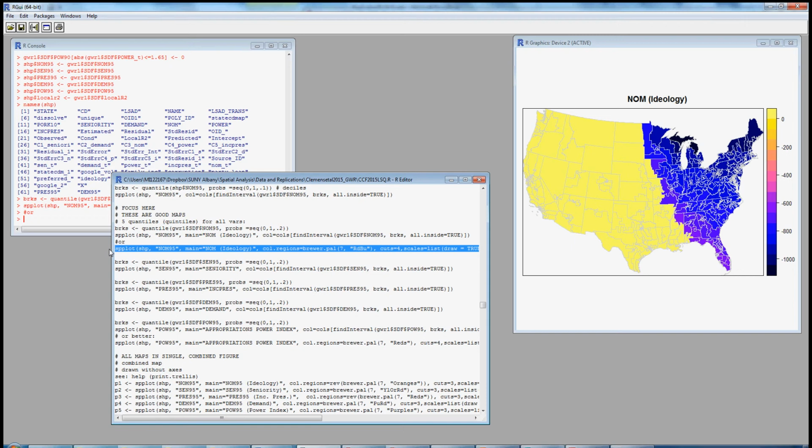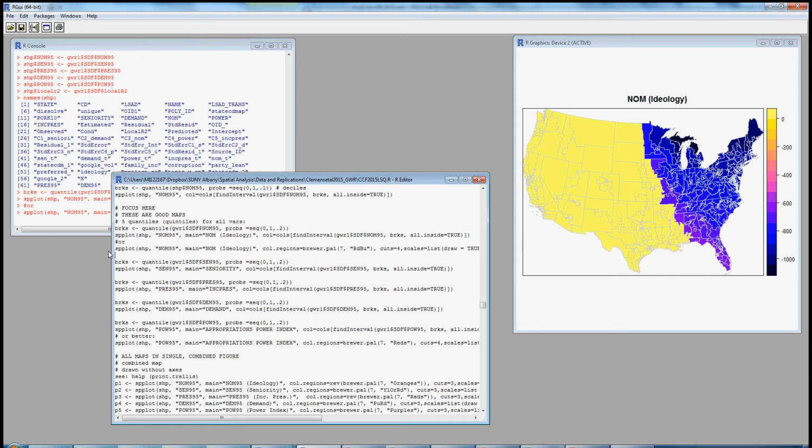Another way, if you look at how the colors are generated here, we generated the colors based on these quintile breaks. Now we're generating colors based on the color brewer package. So this is going to be based on the red-blue scale, and that's what this map looks like.